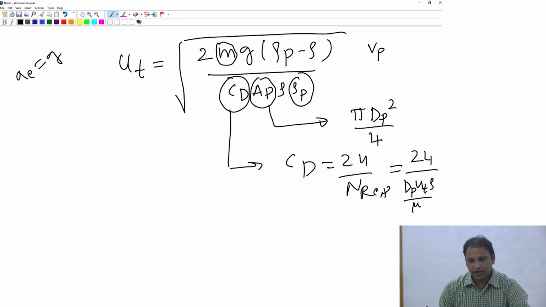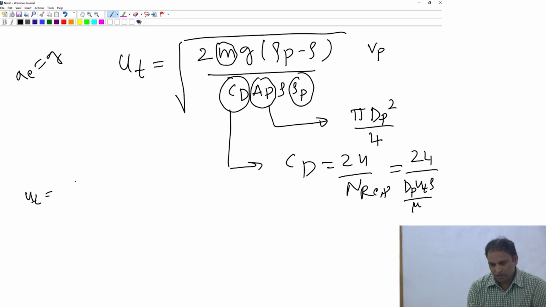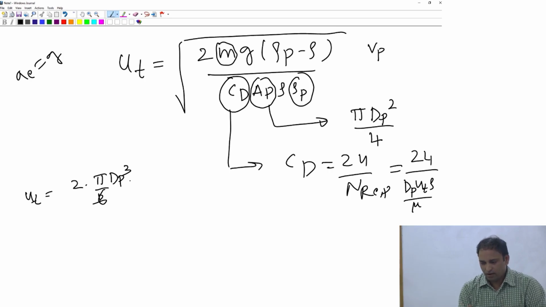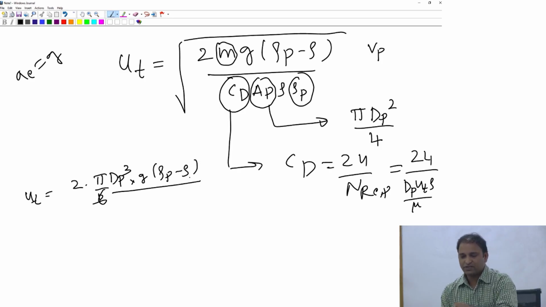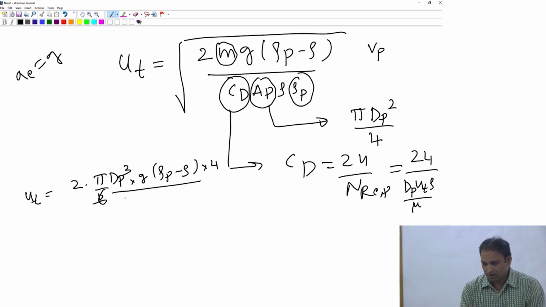So if you put this in, we can do that quickly. Your ut is going to be 2 times, instead of m divided by rho p, I'm going to put pi dp cube by 6, that's your volume, multiplied by G rho p minus rho divided by CD. Let's do AP first: AP is going to have 4 in the numerator, pi dp square, and I also have rho here.